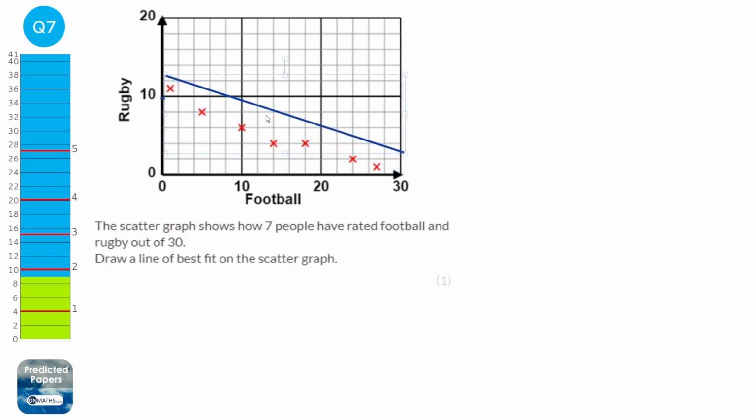What we mean is if it looks like that, that's clearly wrong because you've got all of the data below and obviously this one here. You want it roughly so that there's equal amounts at the top and bottom. But if you have it slightly off, so slightly down here or something, don't rub it out. Chances are you'll get the mark. They're quite lenient when you draw lines of best fit.